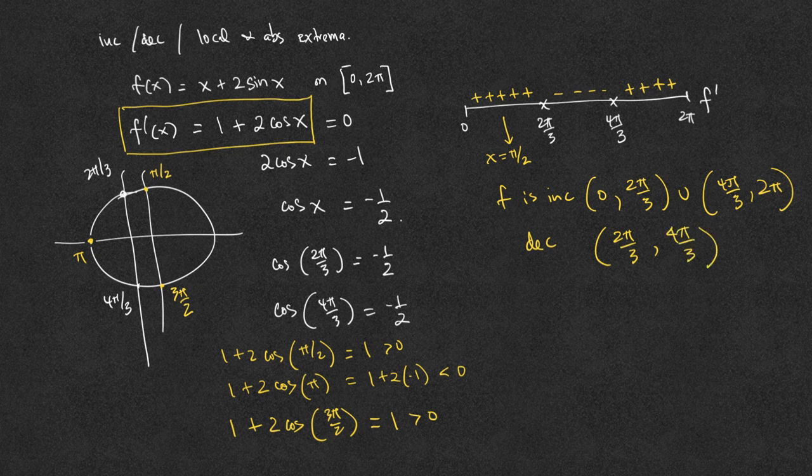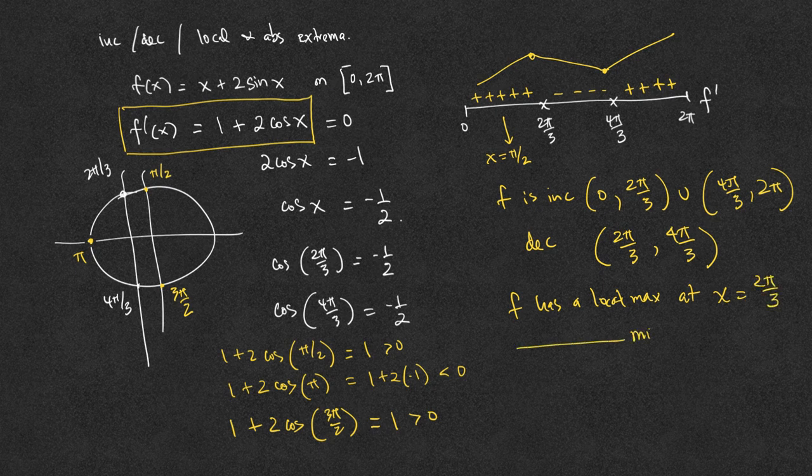Since the function is increasing and then decreasing and then increasing, we see that f has a local maximum at x equals 2 pi over 3. It has a local minimum at x equals 4 pi over 3.